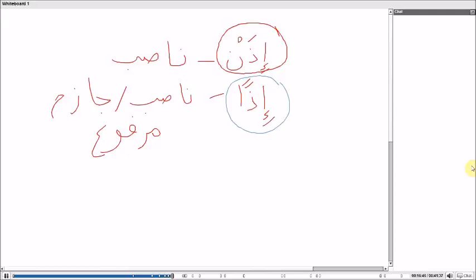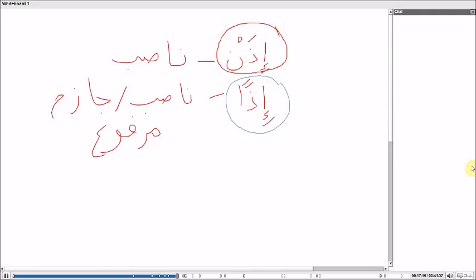So you can use it in place of idhin with the noon. You could use the idhin with the aleph in place of the idhin with the noon. But it's not going to necessarily make the verb after it mansoob, depending on how it's being used. So here, I'm going to read some of the things that you can say. Okay, here's the rules for idhin.